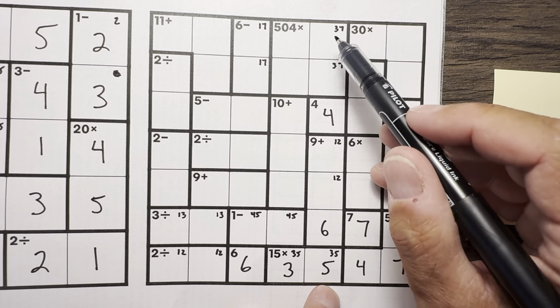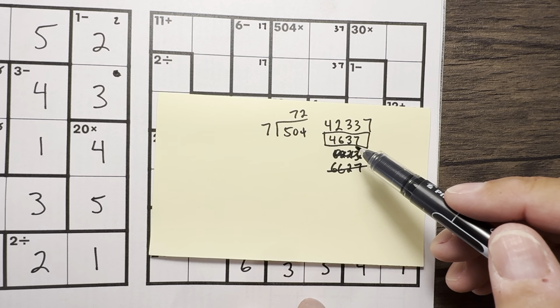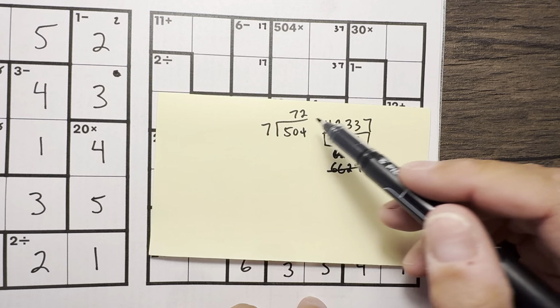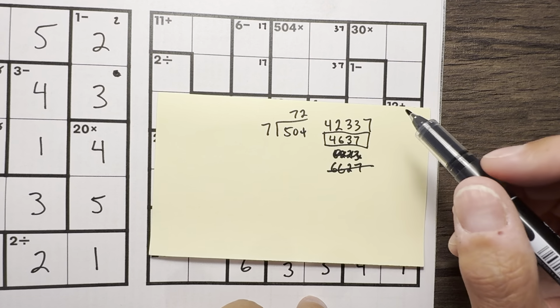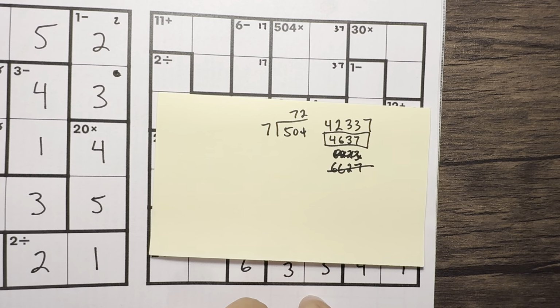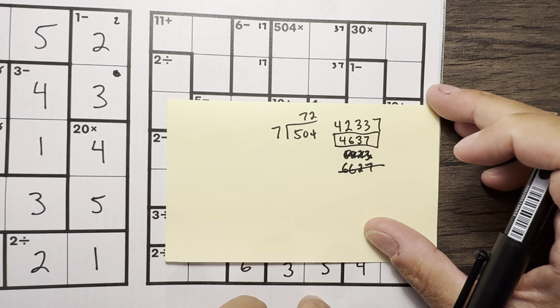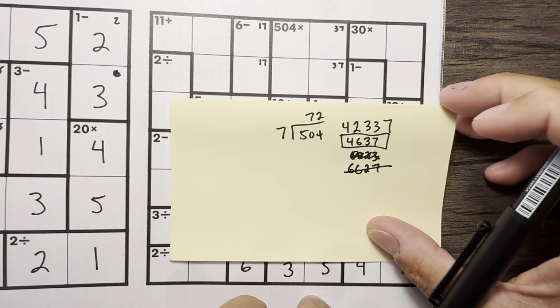But if this is 3 and 7, yeah, 72 divided by 3 is 24. How do you make 24 using the numbers that we have? I think it's 6 and 4. 8 and 3, can't do that. I think it's 6 and 4.